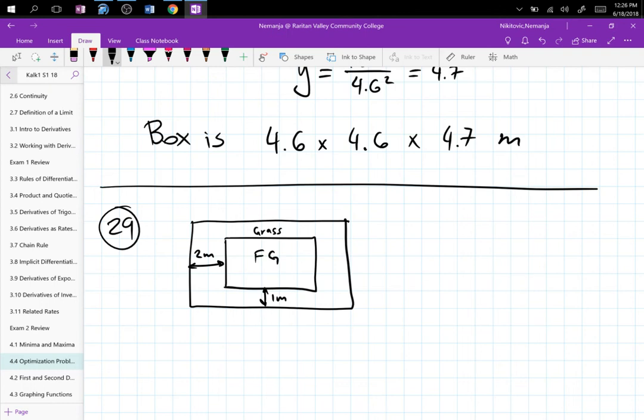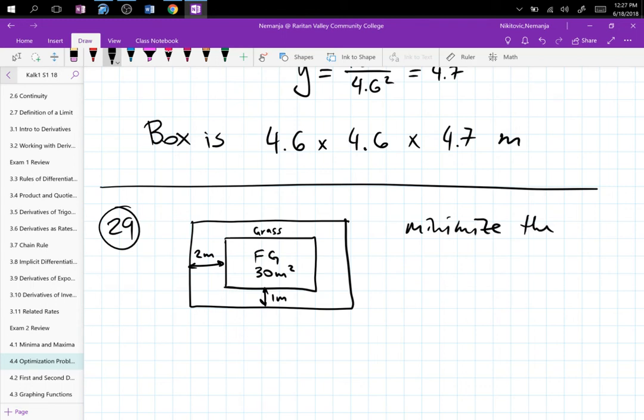What do we want? A rectangular flower garden with an area of 30 meters squared. So the flower garden inside is 30 meters squared, we know that. It is surrounded by a grass border 1 meter wide on 2 sides and 2 meters wide on the other 2 sides. What dimensions of the garden minimize the combined area?